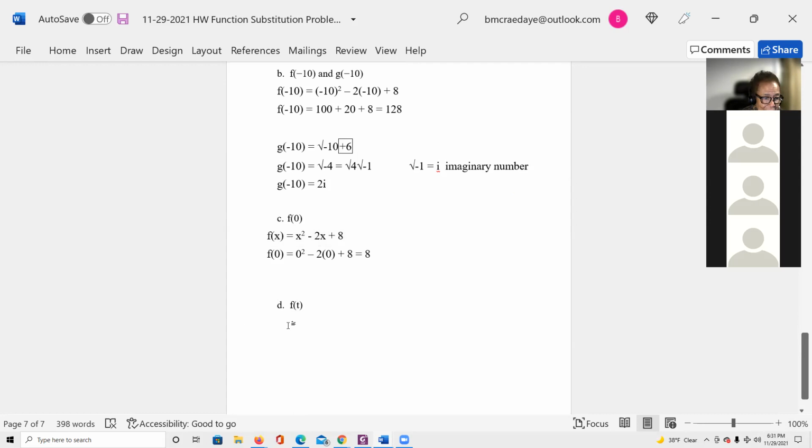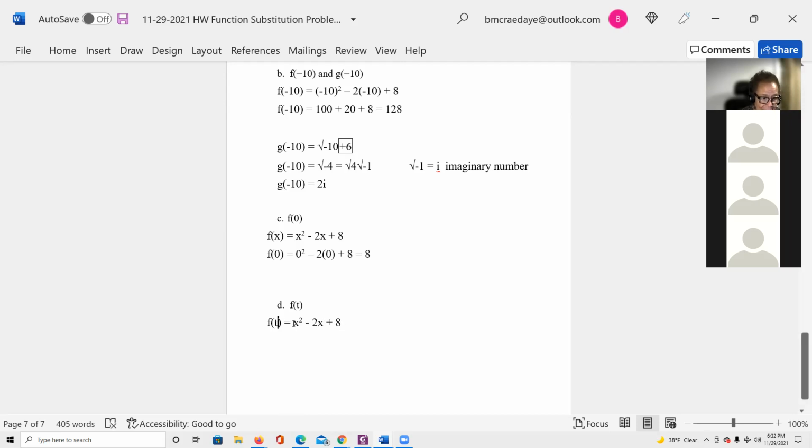Okay, f of t, which means every time you see an x, you're gonna put a t. So let's just copy. Now, wherever you see an x, put a t. So put t, right?